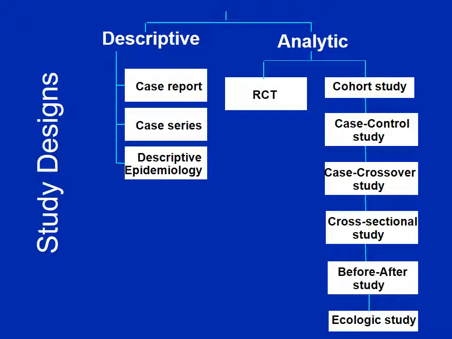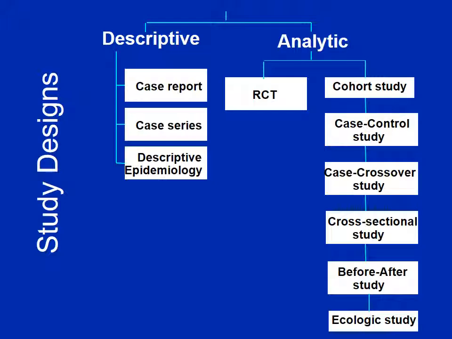Descriptive studies are often helping us identify the distribution of disease, such as case reports, case series, or other descriptive epidemiology. Analytic studies may be an attempt to understand the relationship between the exposure and the outcome.